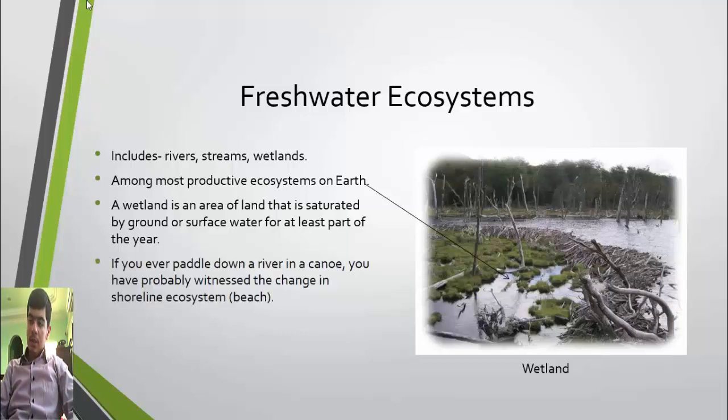If you paddle down a river in a canoe, you have probably witnessed the change in shoreline ecosystem. So for example, here is a beach and here is a river, lake or pond. For example, you are in the canoe, going in between, or you go here, here, here.